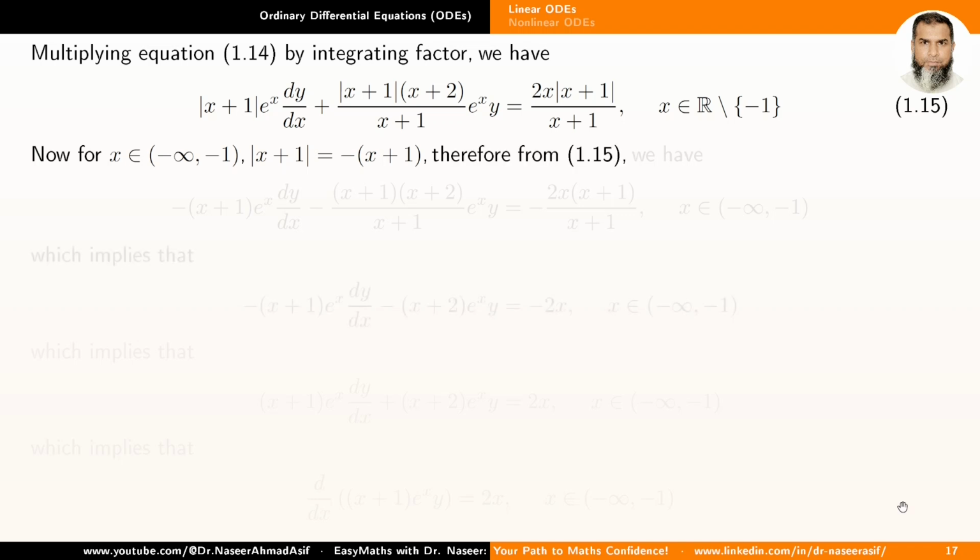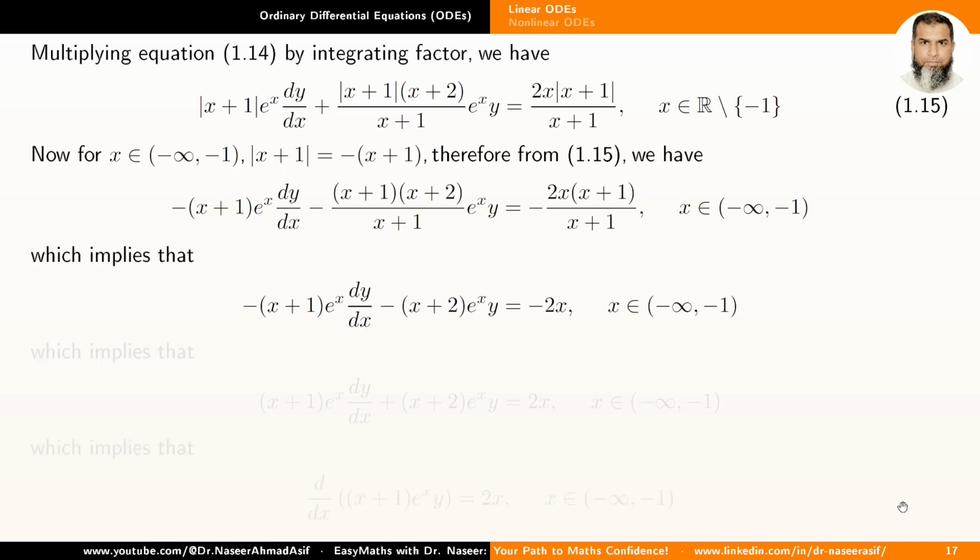Therefore from equation 1.15 we have -(x+1) e^x dy/dx - (x+1)(x+2)/(x+1) e^x y = -2x (x+1)/(x+1), where x in (-infinity, -1).